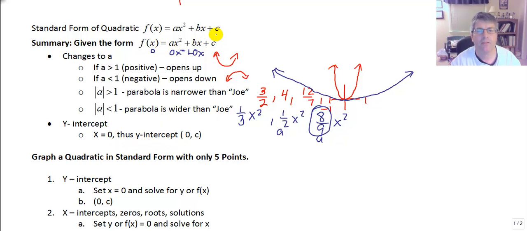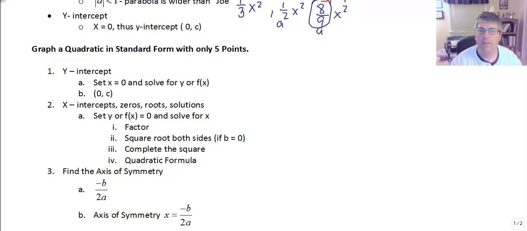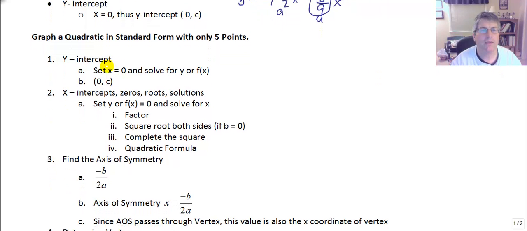Our y-intercept will always be c. One of the highlights of this video is learning how to graph a quadratic with only 5 key points, and we can get a really good idea of what our parabola looks like in as few as 5 points.